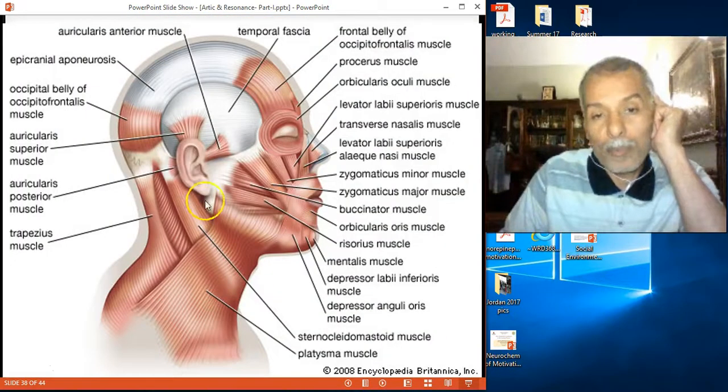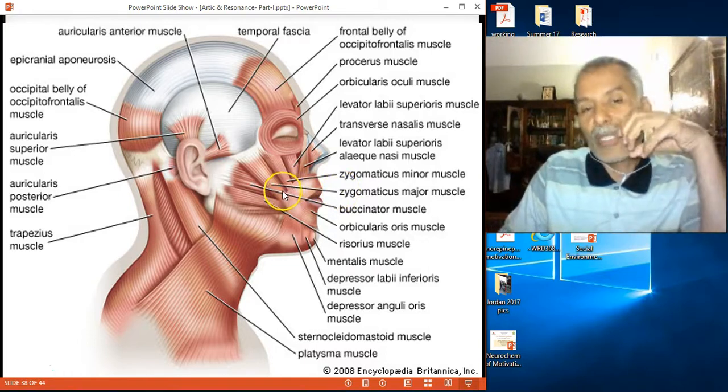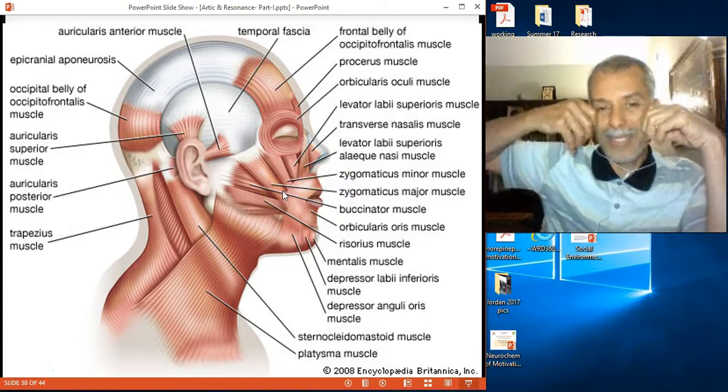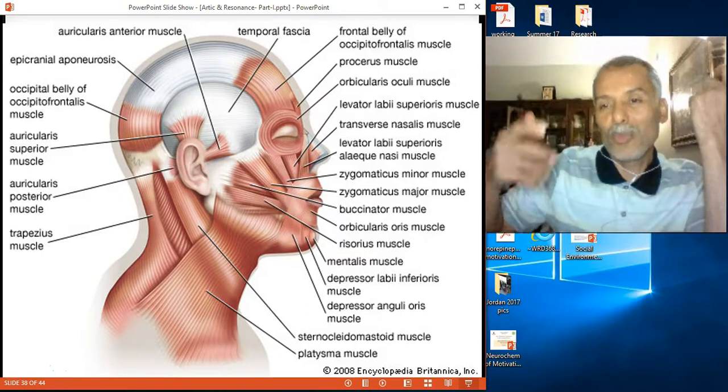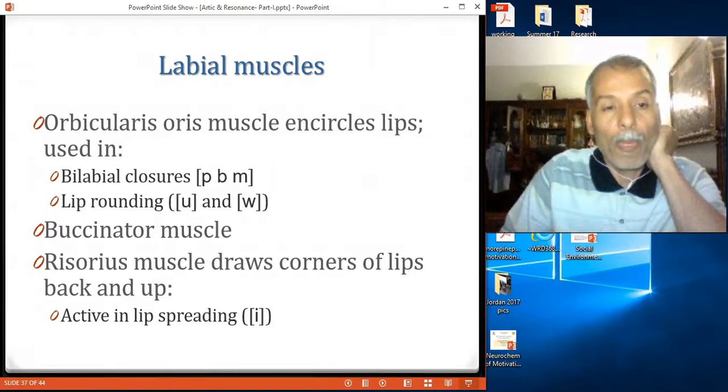So the zygomaticus minor is here and the major is here. And when they contract, they lift up the corners of the lips further to make you laugh and to have also a smile. And they contribute to facial expression and speech.